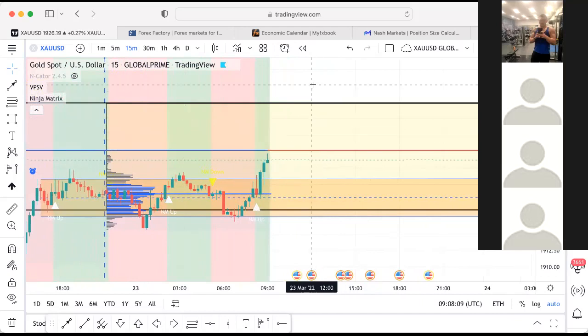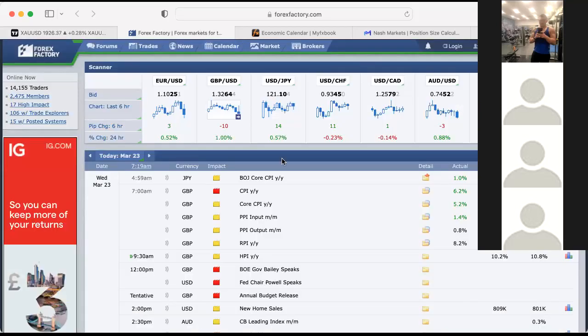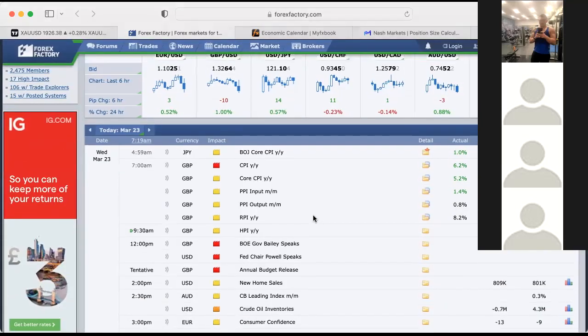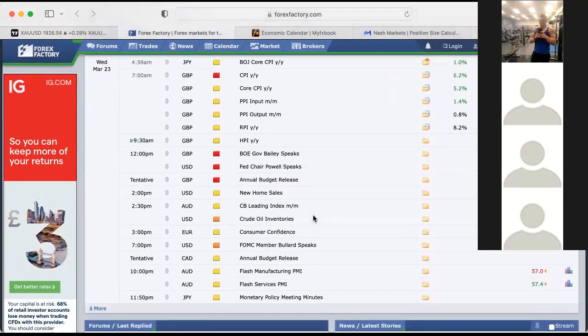Perhaps I forgot to look at the news for this morning, but I can tell you that these symbols here indicate the US dollar news. If we go to the Forex markets, can you see my Forex Factory screen? Yeah. Okay.